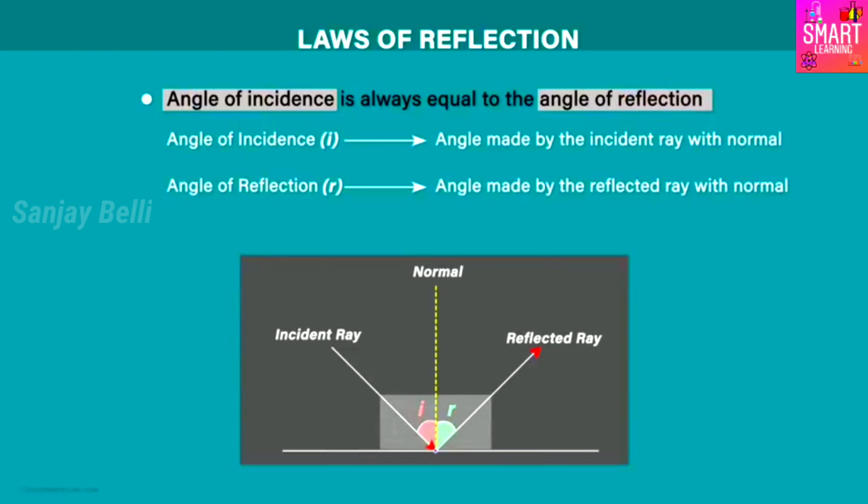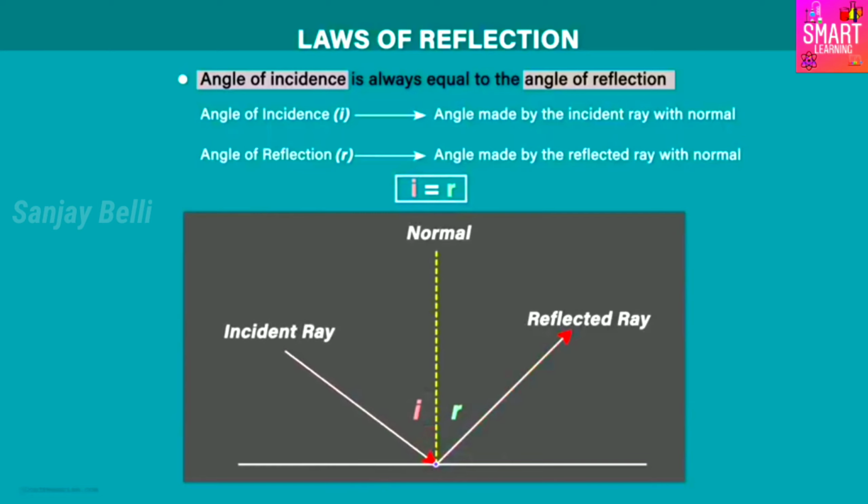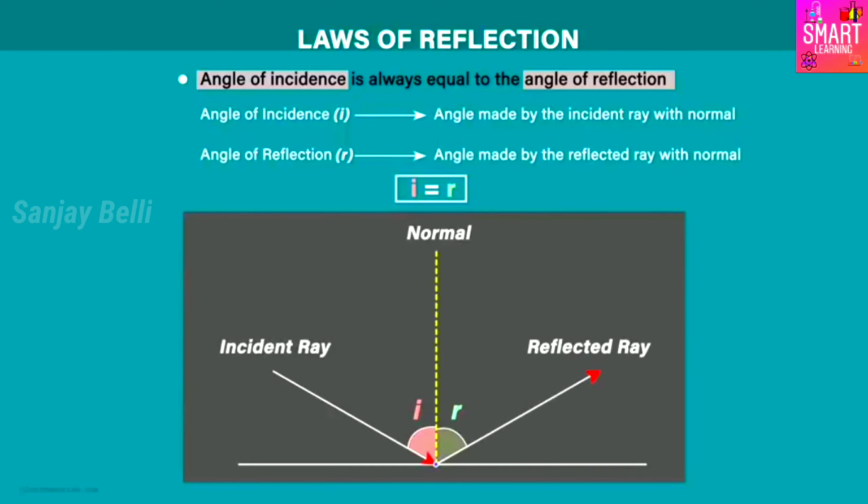I equals R. Here, as I equals R, if the incident ray strikes this point, then the reflected ray will travel along this direction only, so as to keep the measure of R the same as I. If I move the incident ray here, then the reflected ray will also move to keep the measure of R the same as I. I is always equal to R. Okay, this was about the first statement.